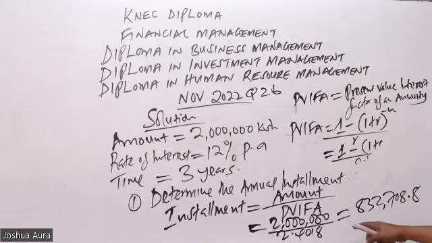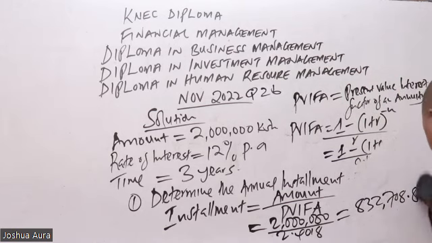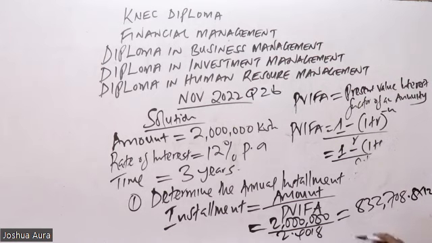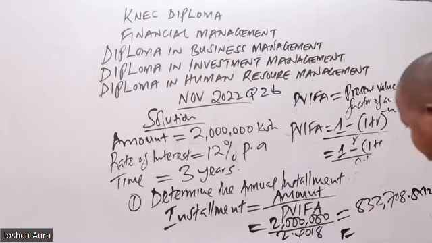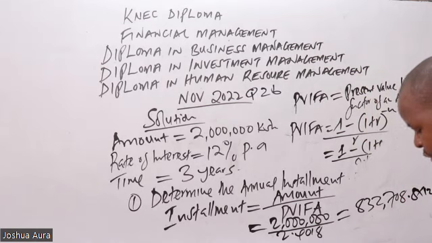To get the monthly installment, you will multiply this by 12. That will be 832,708.8 times 12.